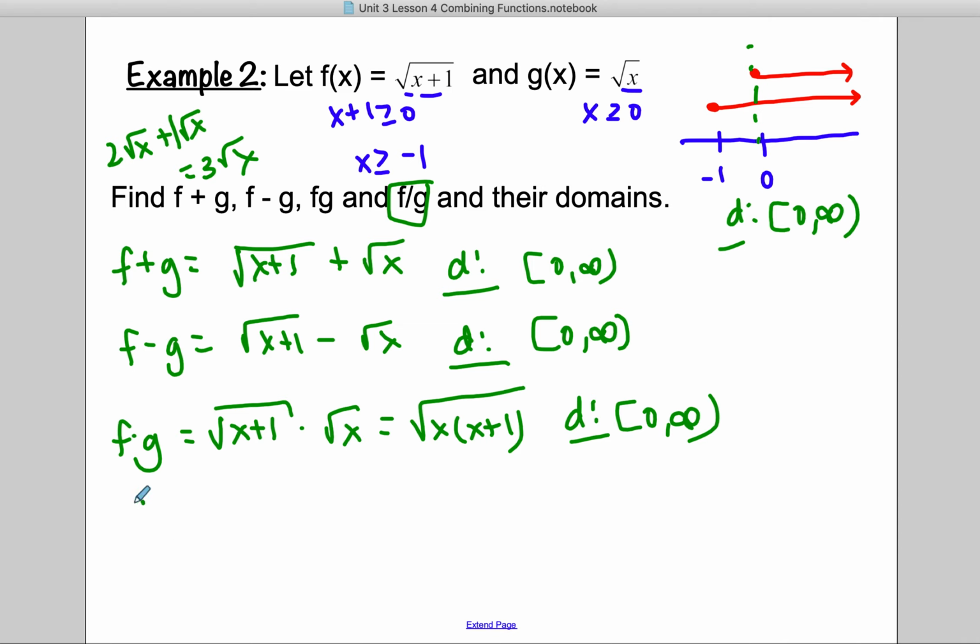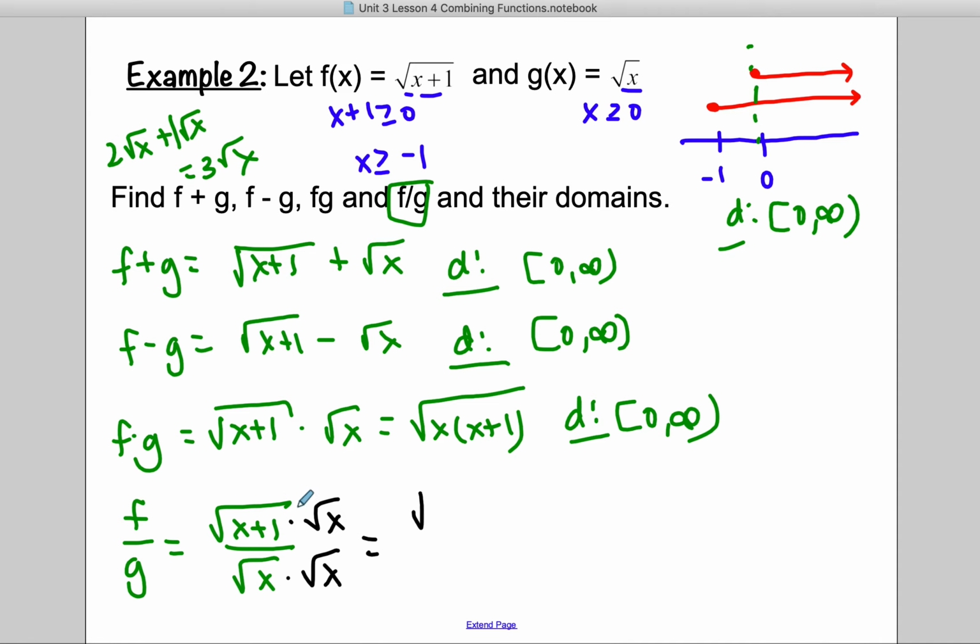Then the last one, we got division, f divided by g. Got square root of x plus 1 divided by square root of x. Okay. Here we would rationalize. So we times by square root of x on the top and the bottom. And we just did this numerator piece, so I'm just going to rewrite it. How we did that, square root of x times x plus 1 all over x. Now you have to be cautious here.